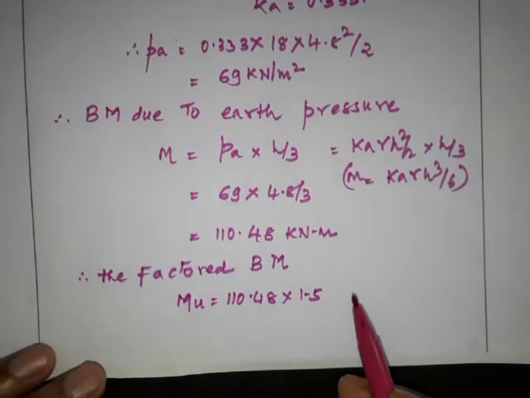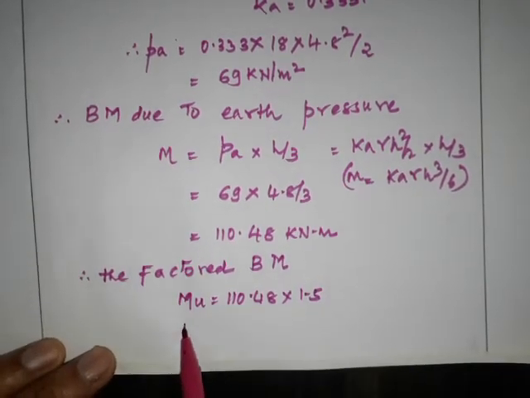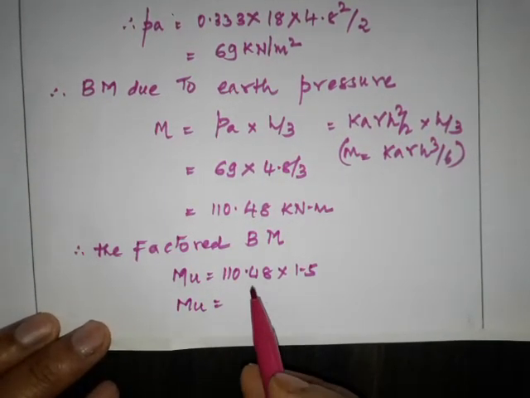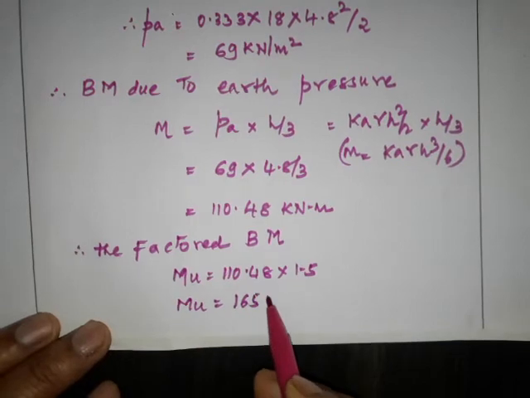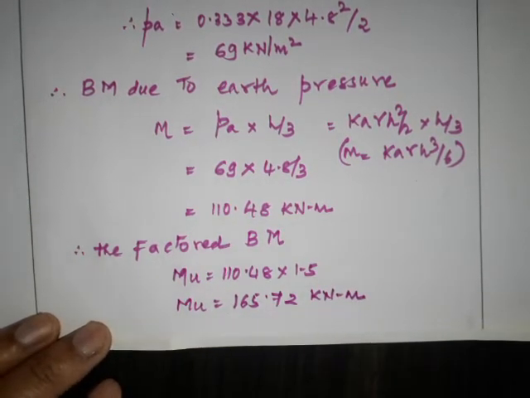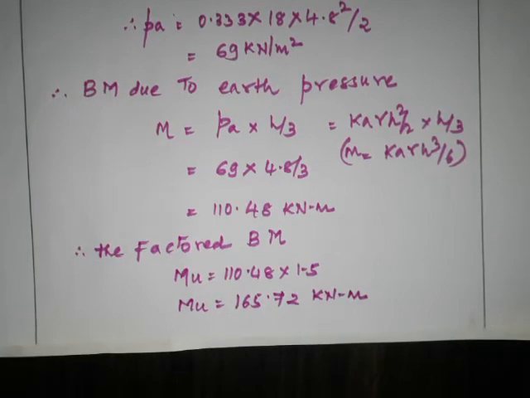So we'll get the factored bending moment acting over the stem as 165.72 kilonewton meter. So we got the factored bending moment acting over the stem as 165.72 kilonewton meter.